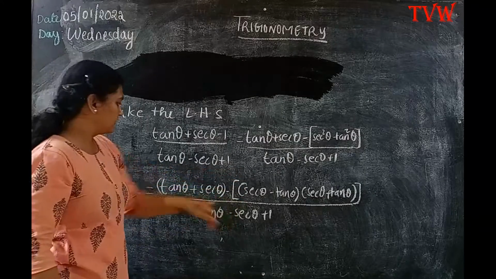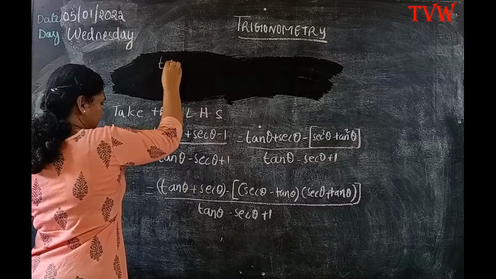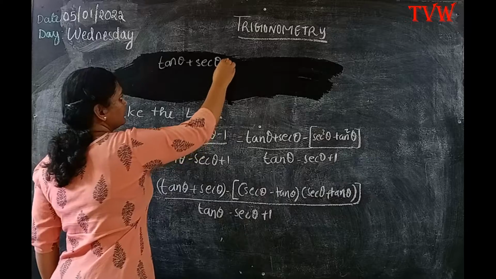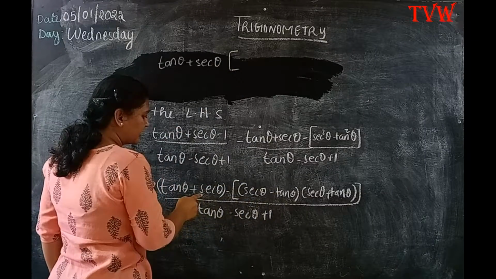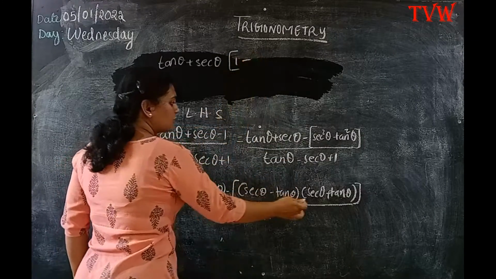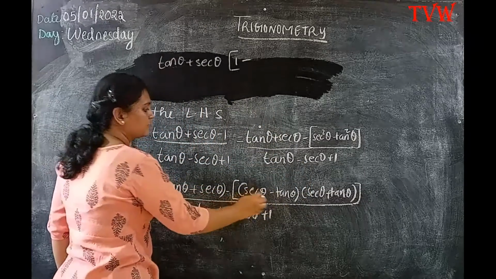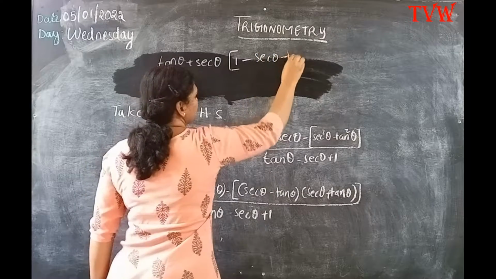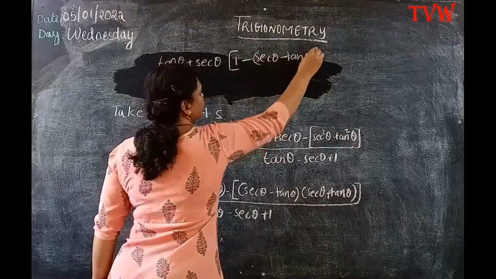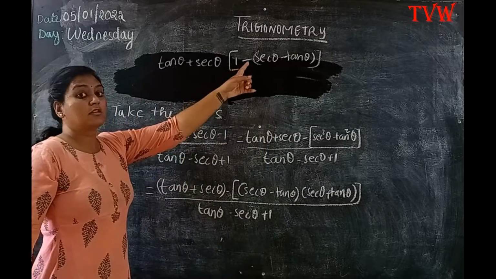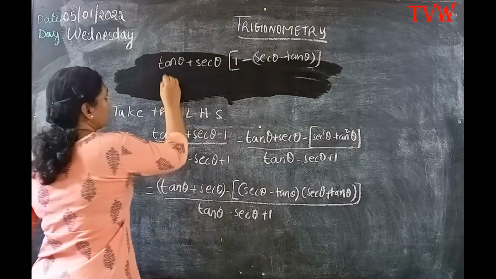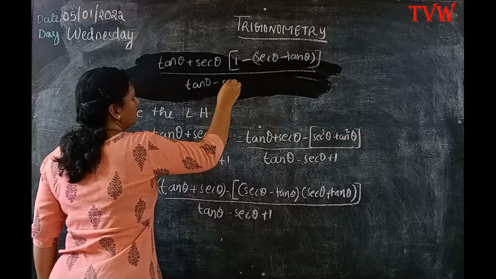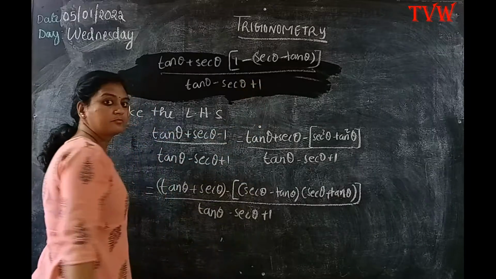Now, if I take this common term, tan theta plus secant theta, out for the whole thing, then this becomes 1 minus, whatever I am left with is this (secant theta minus tan theta). Remember to put the brackets, otherwise you are going to confuse the sign over here. Divided by tan theta minus secant theta plus 1, right?